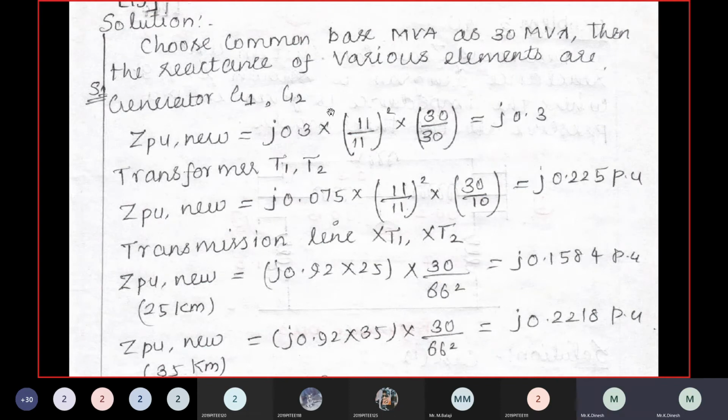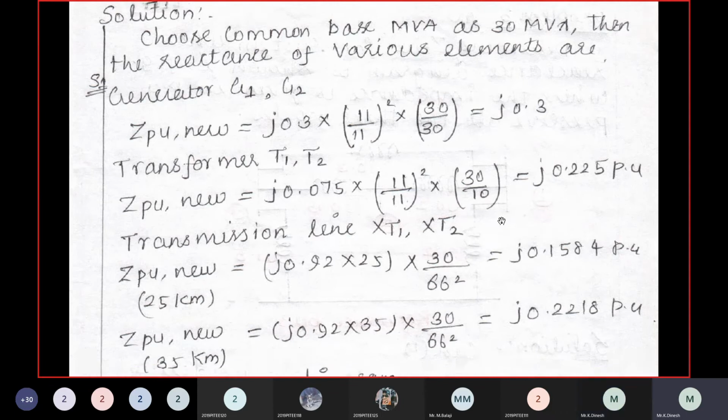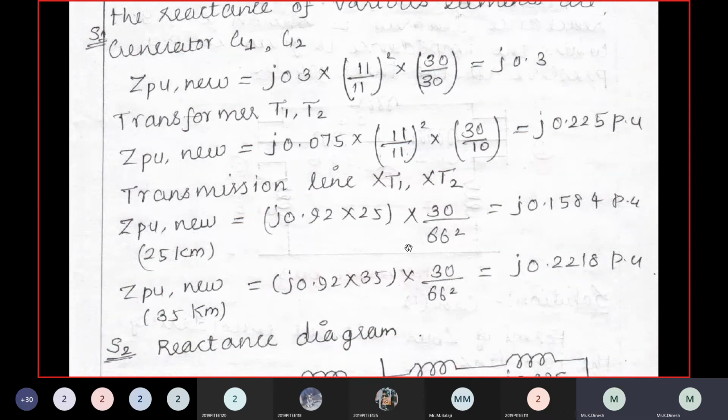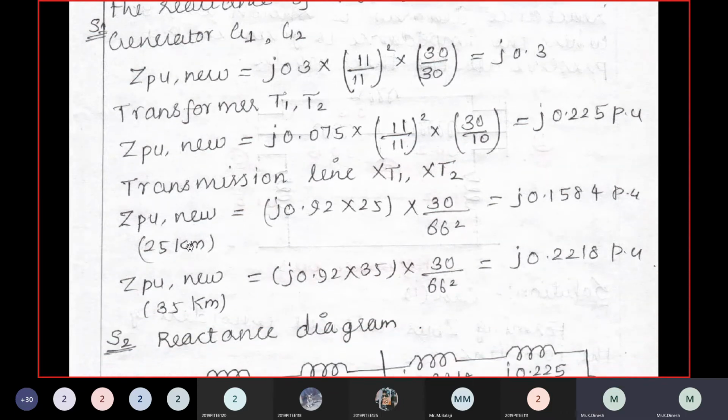For G1, G2: X per unit times kV base old by kV base new, squared, times MVA base new by MVA base old, so I make it J0.3 for G1 and G2. For T1 and T2, the same calculation gives J0.225 per unit. Just like that for the transmission line, it is a 60 km transmission line.